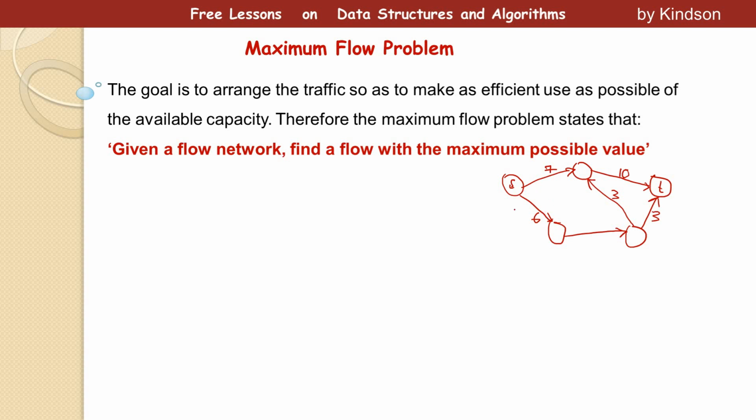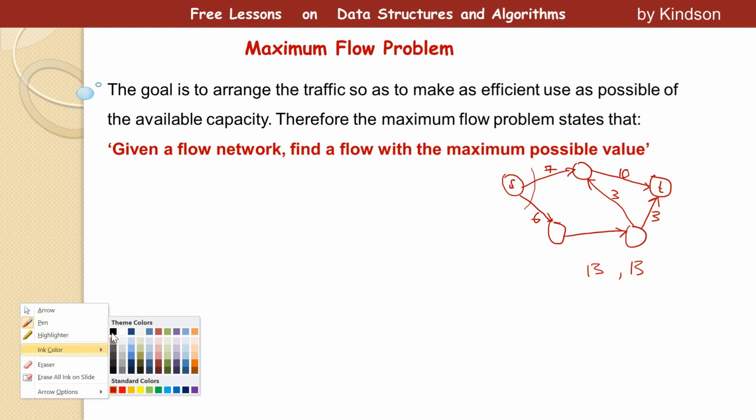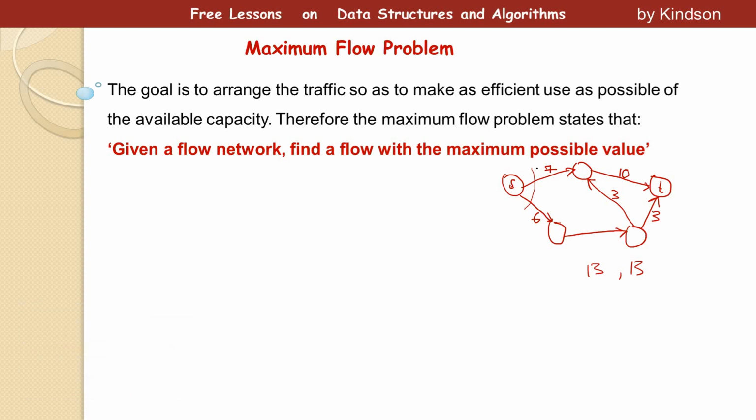So the total flow coming out of S is 7 plus 6, which is 13. The total capacity coming out from S is 13, and the total going into T is also 13. So now, assuming we want to choose the flow, is it possible that we can have a flow of 13?